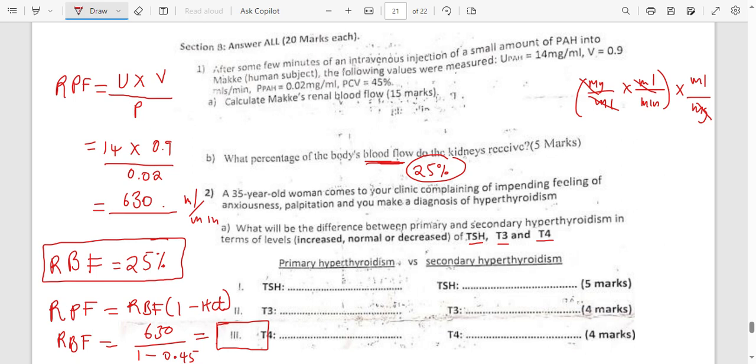But for secondary, where the problem is in the pituitary itself, you are going to have thyroid stimulating hormone being high, and thyroid releasing hormone also being high. Because of that, it is also going to produce high T3 and T4, so everything ends up becoming high. The thyroid cells will become overreactive. This problem can be much more common in females than in males.